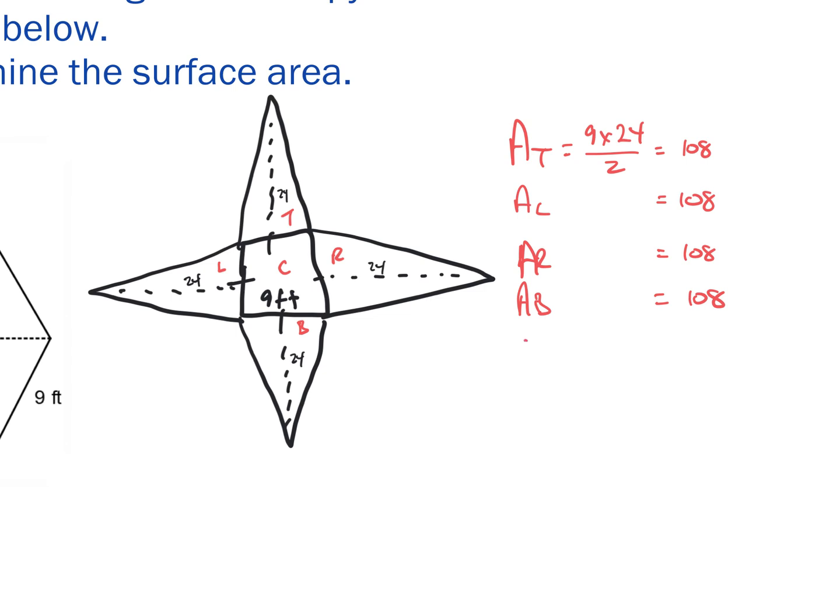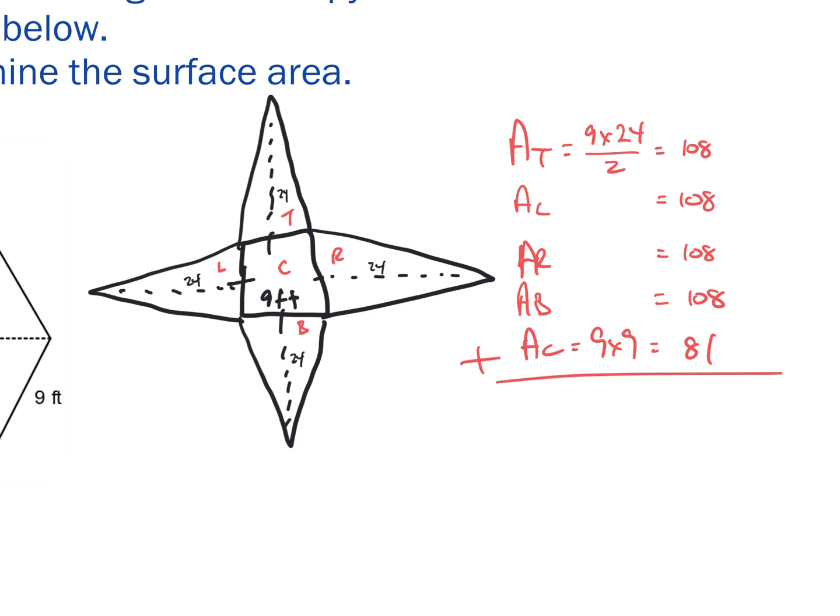Then we have the center. The center is a square. How do we find the area of that square? Nine times 9. And 9 times 9 is 81. Excellent.